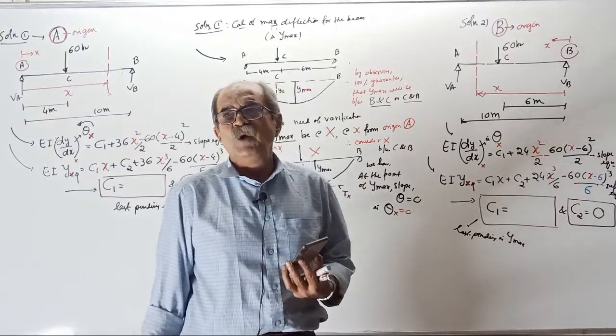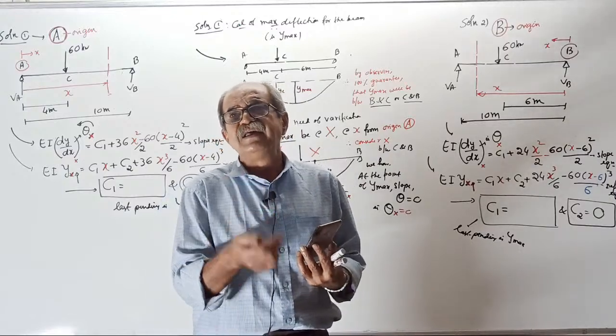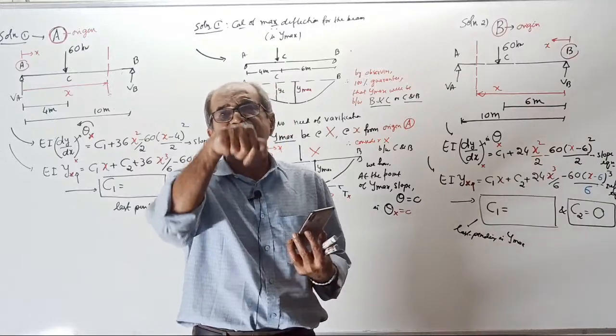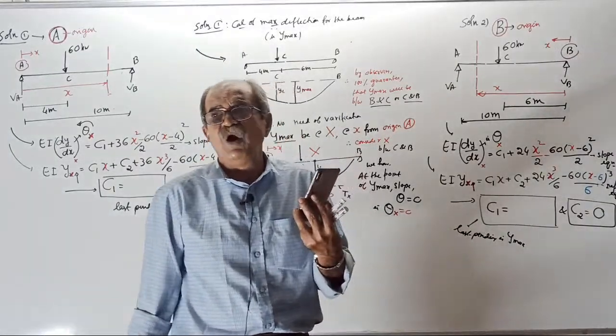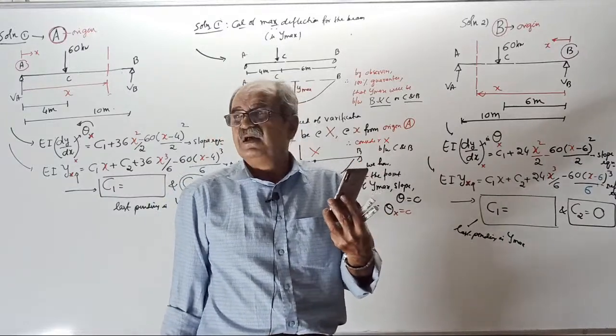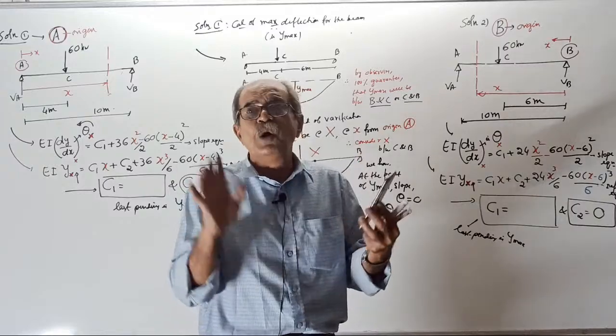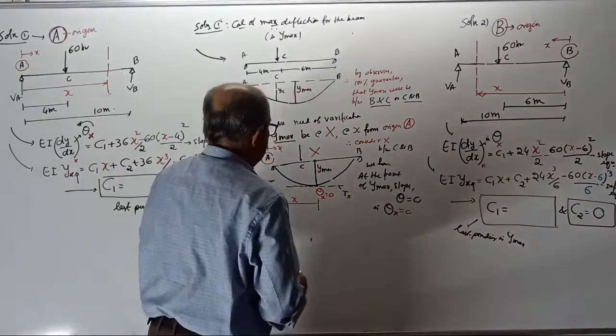Same way, for y to be maximum, dy by dx equal to 0. But we know that dy by dx is technically called what? Mathematically, slope. That's why slope 0. Those who want, write. Okay, now.